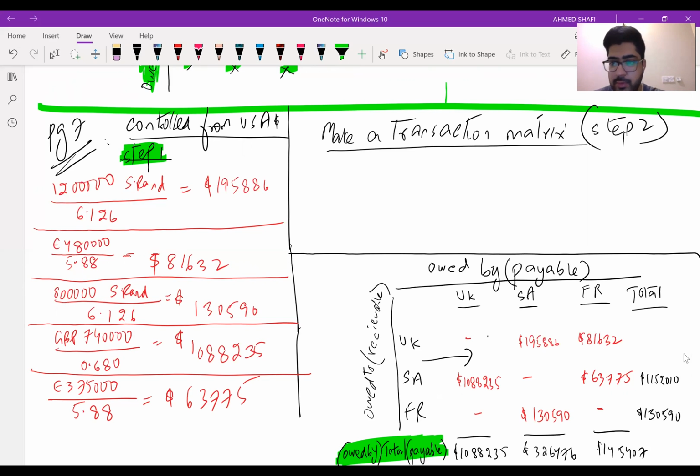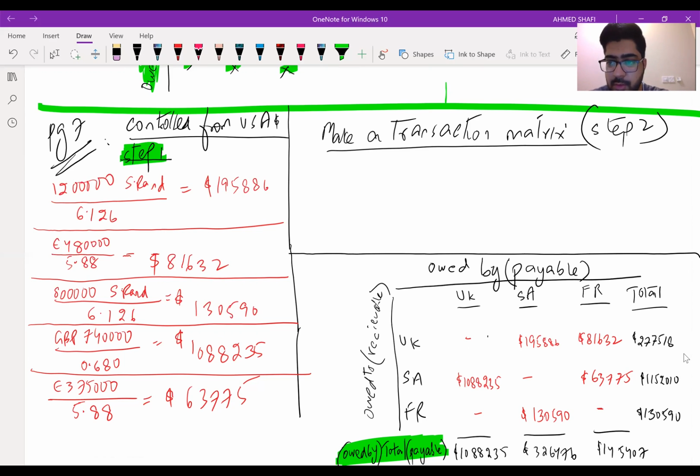And like this, the total of UK is 195886 plus 81630, which is 277518. Okay.